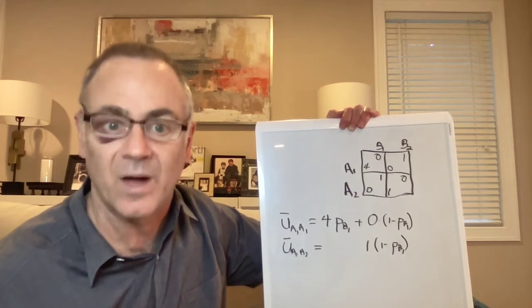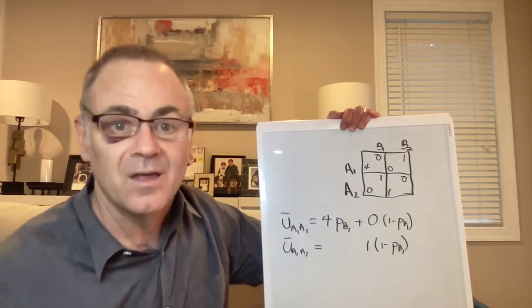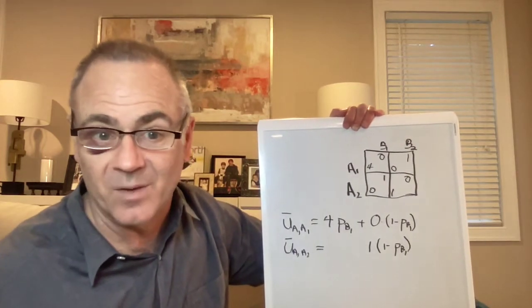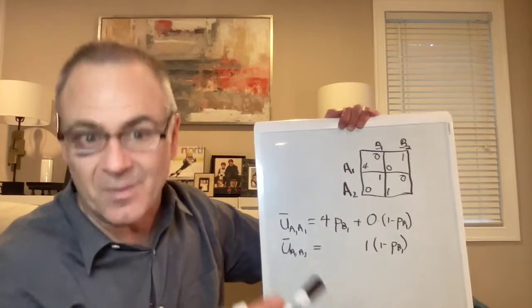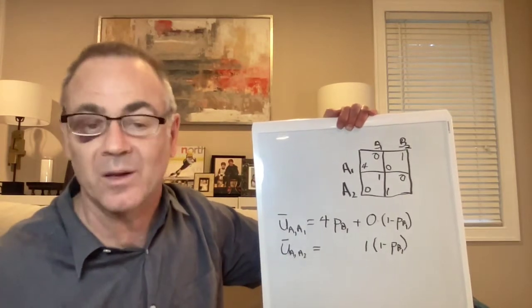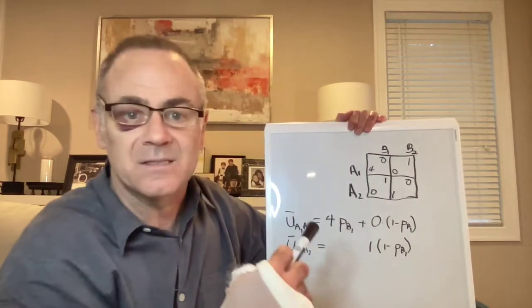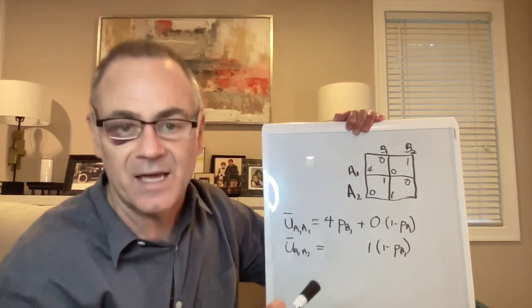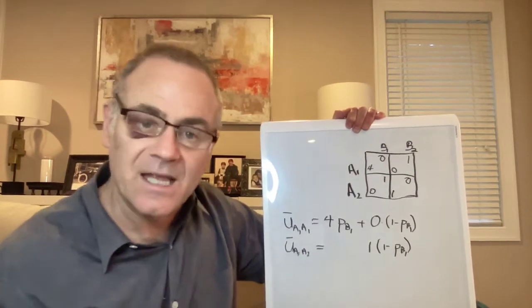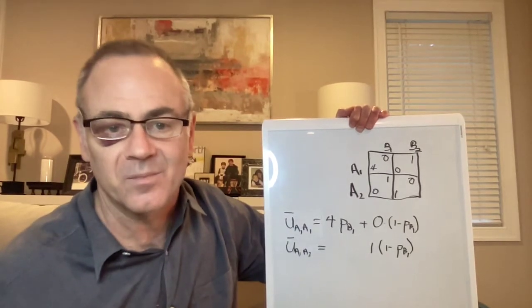What's the optimal way for me to respond?" And that's going to be a probability which we'll call sigma. Sigma sub A might not equal P sub A, but if it's an equilibrium, that's what we're going to look for. We're going to look for a P_B1 and a P_A1 such that they equal sigma_A1 and sigma_B1.